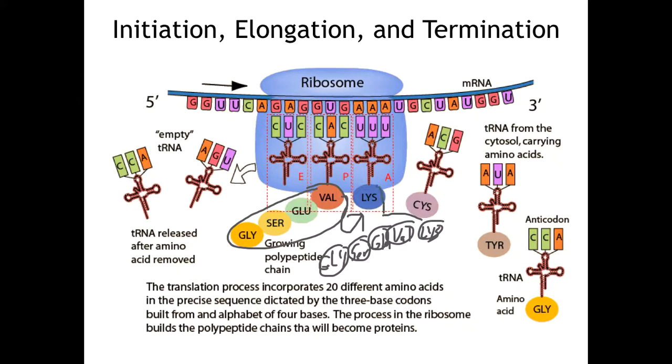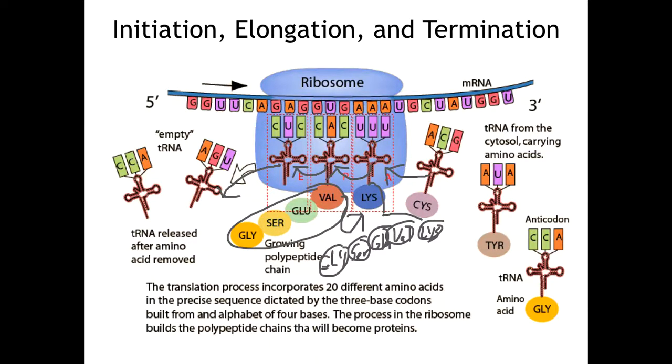And then this will be connected to the end of that. At the same time, the ribosome moves 3 bases forwards, or it pulls the tape 3 bases in. So this tRNA moves from the A site to the P site. This tRNA moves from the P site to the E site. And this tRNA moves from the E site out. E stands for exit. Now the A site is empty, and the next tRNA moves in.